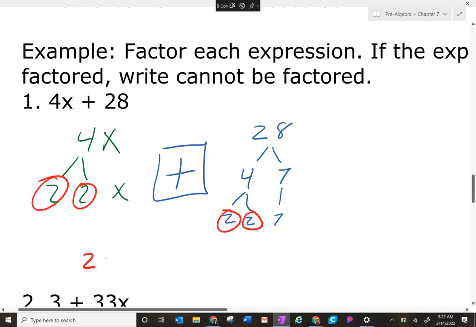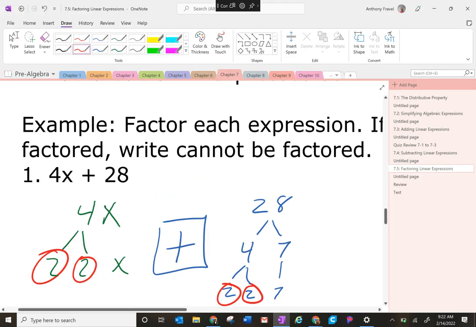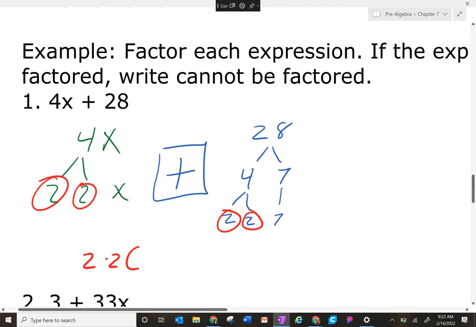If they have this stuff in common, that stays on the outside of the parentheses. Whatever was left off, like this one and then this one, that'll be x plus, and then whatever was left on that other side. So x plus 7.